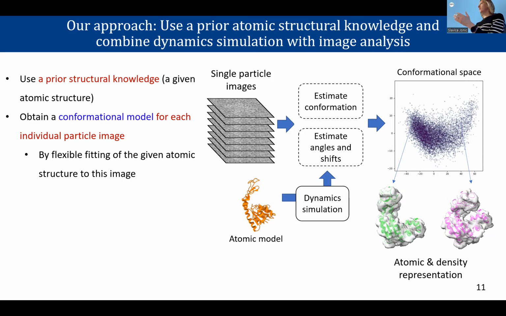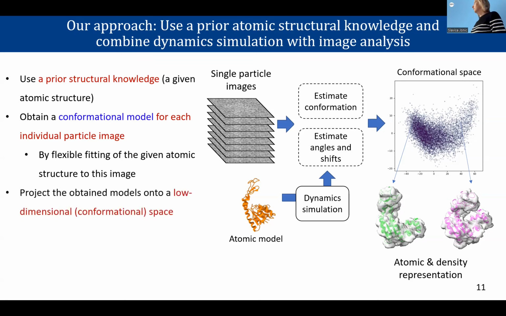And we compare our image with this view, and like this, we can refine this model in the next iteration, and return to the MD simulation some parameters so it can go further. The simulation is guiding us to the conformation that is in the image. And at the end, we project all these obtained atomic models onto a low-dimensional space. We get this space, and then we can get 3D reconstructions from it.